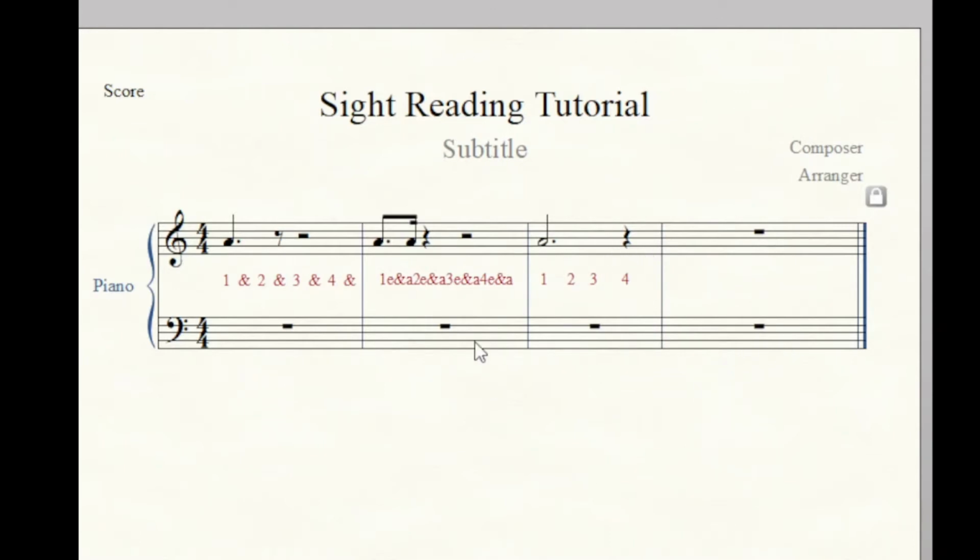So this is part 1 of sight reading. We covered the names of the notes, the note durations, and the note rest durations. So this is a good starting point in learning how to sight read.